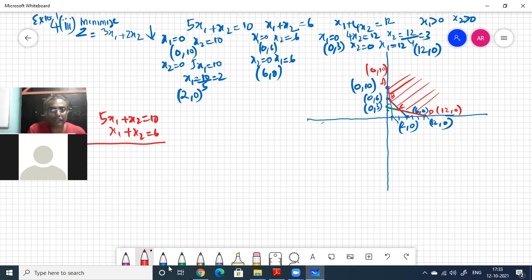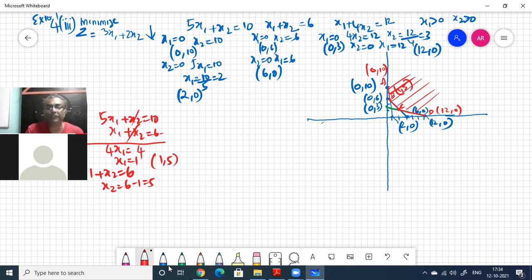If you subtract, this will go off. 4x1 will be equal to 10 minus 6, which is 4. So x1 equal to 1. So 1 plus x2 is equal to 6, substituting in this one. So x2 is equal to 6 minus 1 equal to 5. So x1 is 1, x2 is 5. So the point is 1, comma 5. This point B is 1, comma 5.